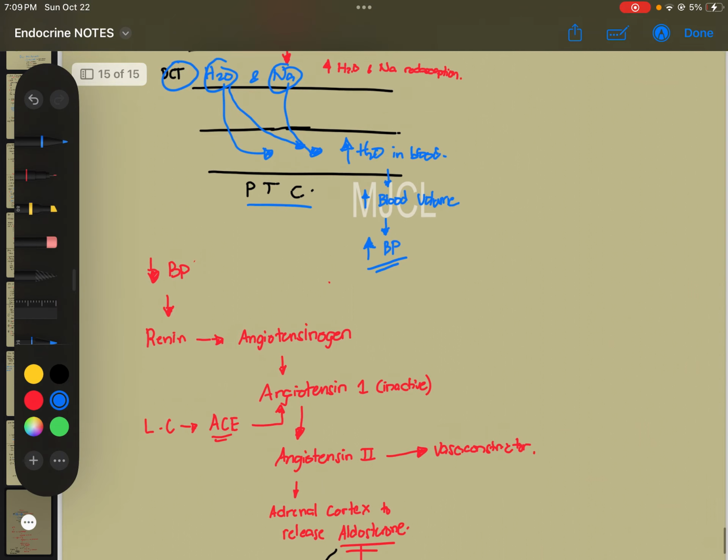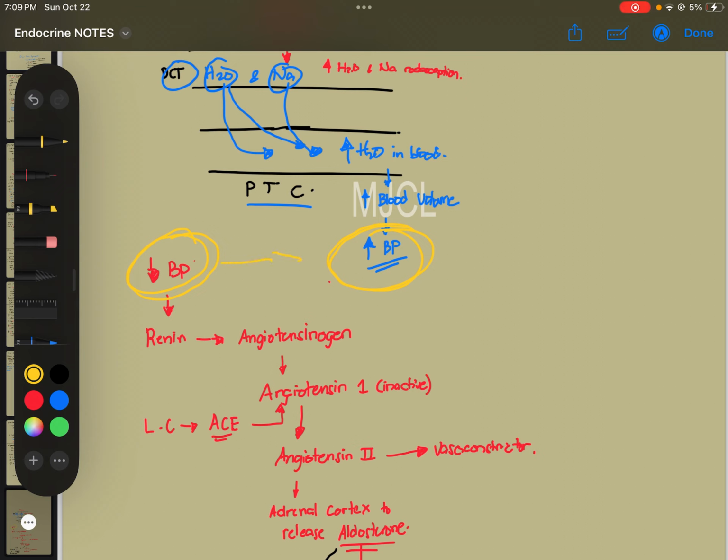Okay? So we started from the low blood pressure. Okay? It triggered the start of our RAAS, and it ended with an increase in blood pressure back to normal.